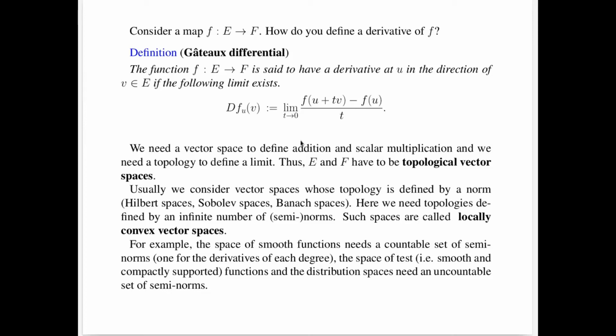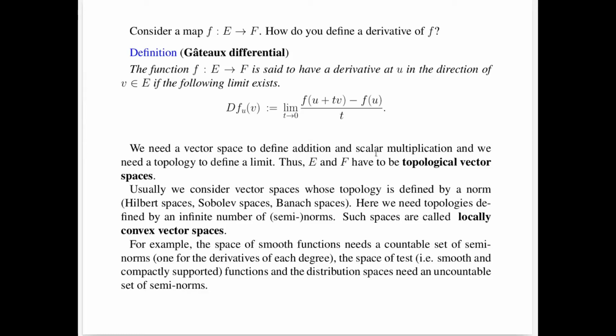You see that you need the structure of a vector space because you write u plus tv, so there's a sum and there is multiplication by a scalar, so you need a vector space in E and in F. And then you also need a limit, so you need a topology on these two spaces. So the minimum mathematical framework is that of topological vector spaces.